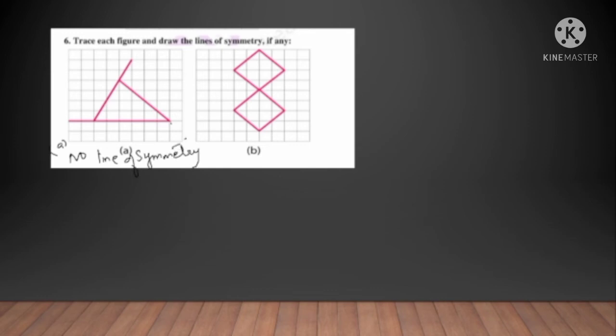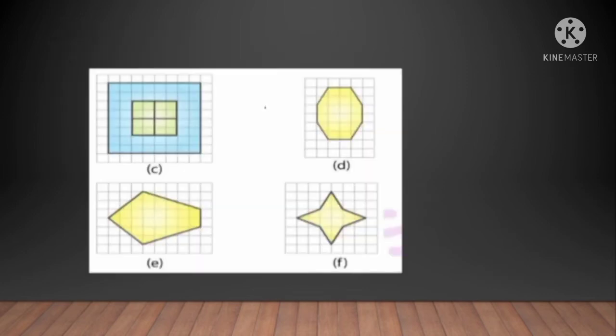Now just look at subdivision B. Here we have a line of symmetry, isn't it? So what will be the line of symmetry here? This is the line of symmetry. So this is the answer for subdivision B. The next, third question. Here, what are the lines of symmetry?